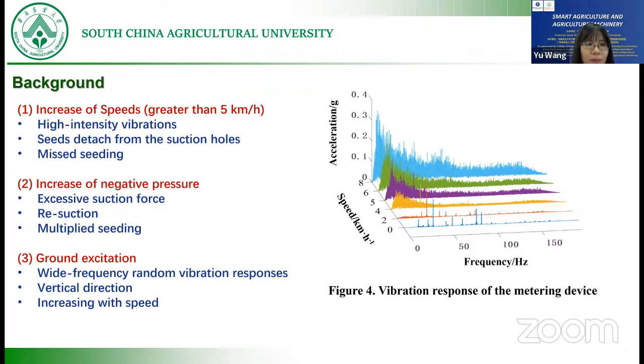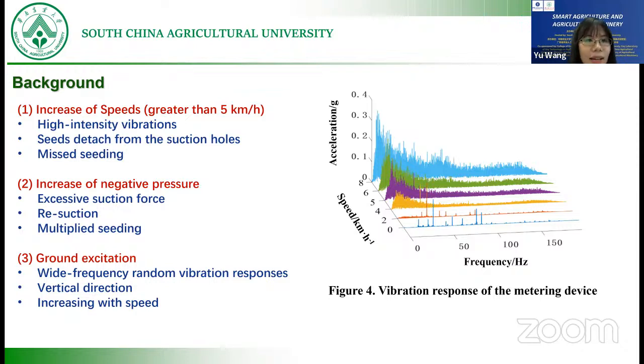When the operation speed is greater than 5 km/h, it leads to high intensity vibrations, and we found the seed will detach from the suction hole, causing mis-seeding. So at present, for most precision seeders the working efficiency is limited, normally less than 5 km/h. But for large seeds like corn and other crops, the speed can be up to more than 10 km/h.